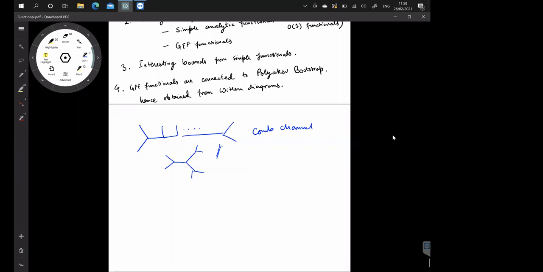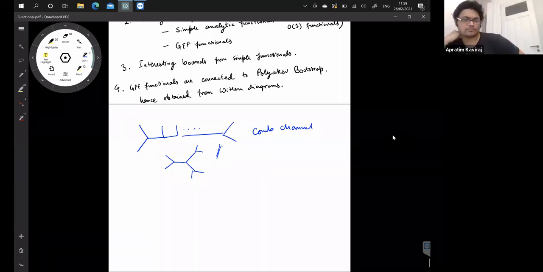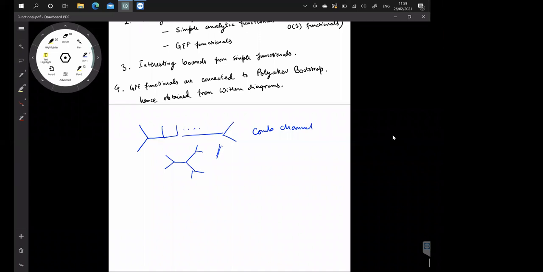You can think of it as a 4-point with a 3-point attached to it. I see. So in some sense, if you can solve the 4-point function, then the 5-point function will not give you any extra constraints. It will give you at most whatever you are getting from the 4-point function.